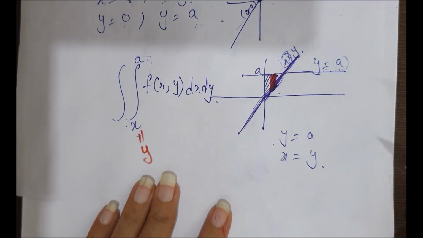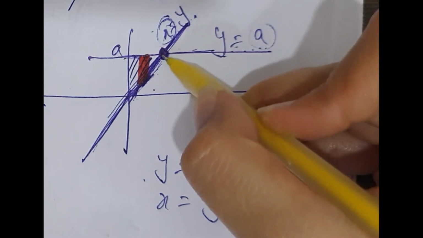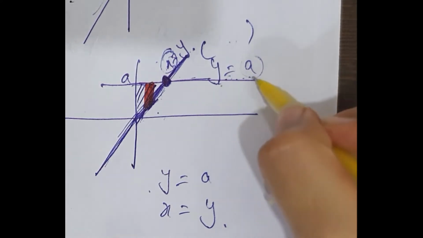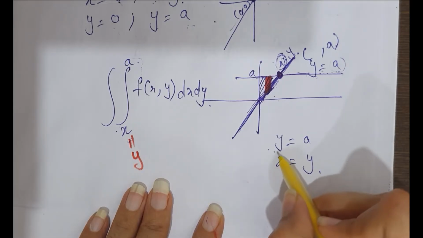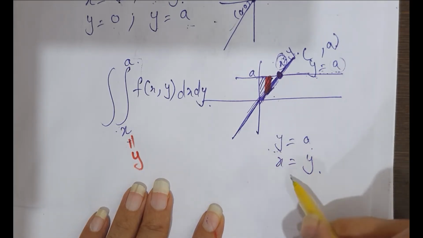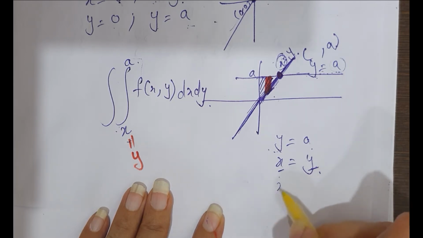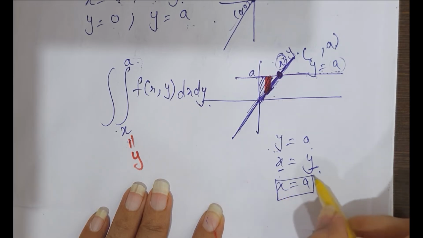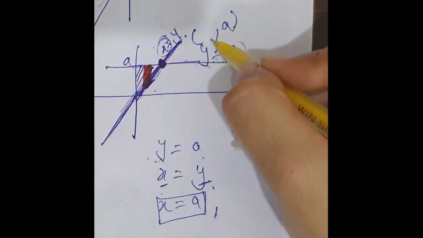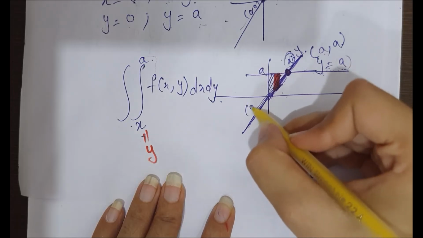The limit of x will be constant. So for that, find the value of this point. Here the value of y is a. From here we can find y is equal to a and x is equal to y. If y is a, then the value of x will also be a. So the value of this point is (a, a). This is (0, 0).